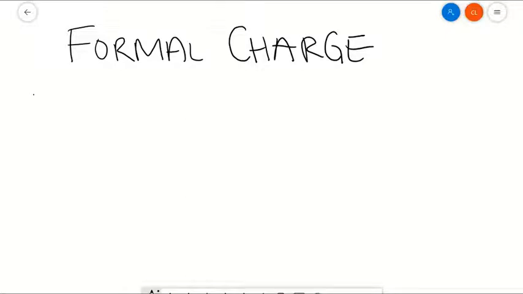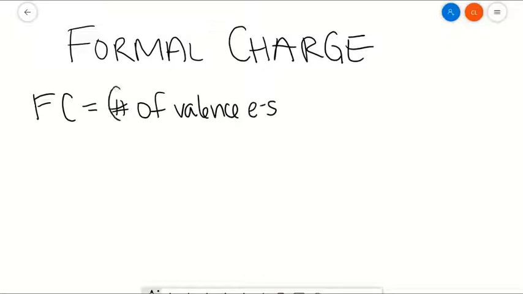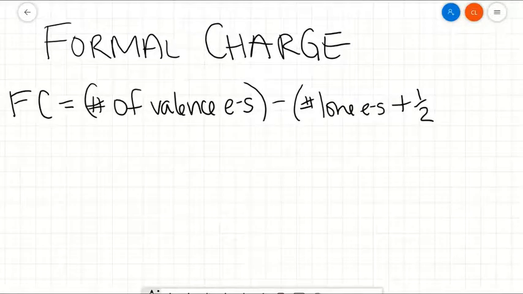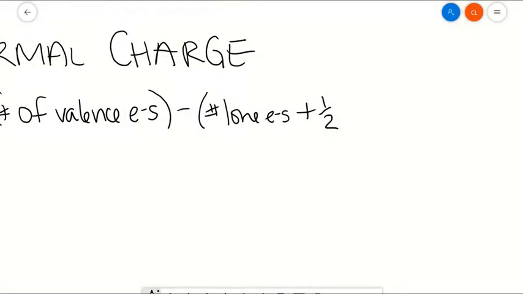So the formula for calculating formal charge is number of valence electrons minus number of lone electrons plus 1/2 times bonding electrons.